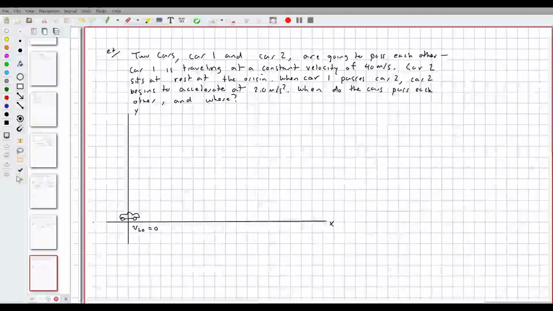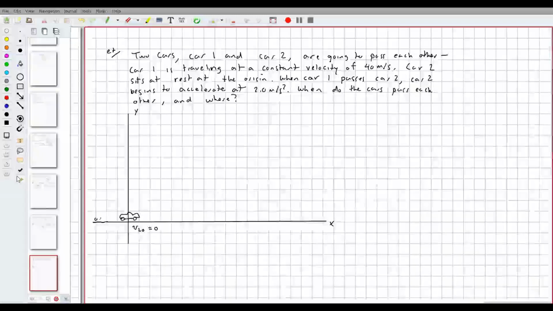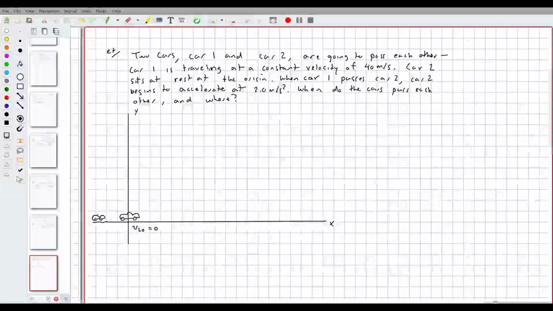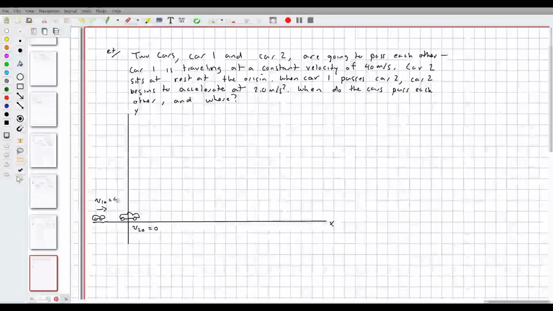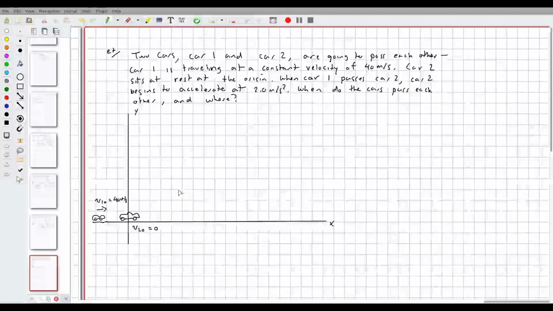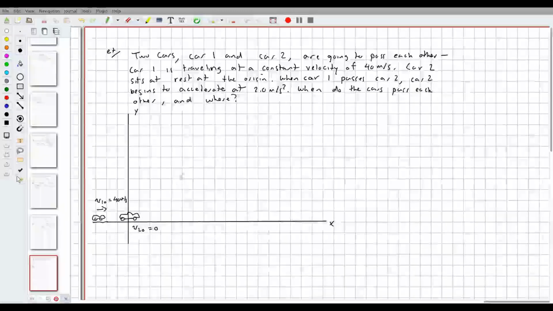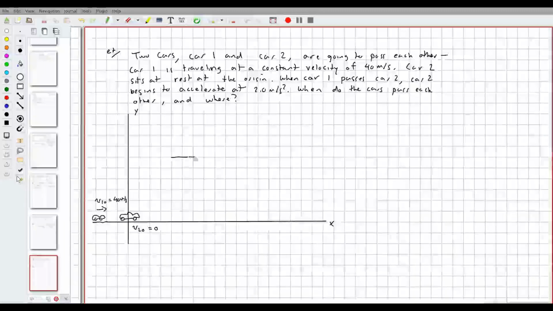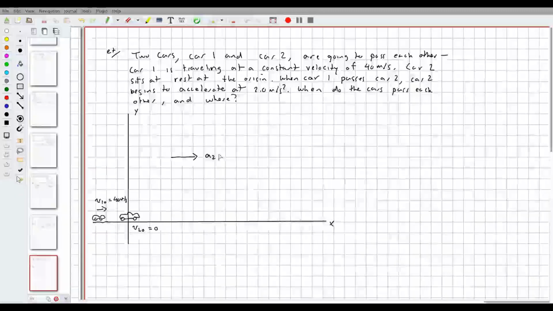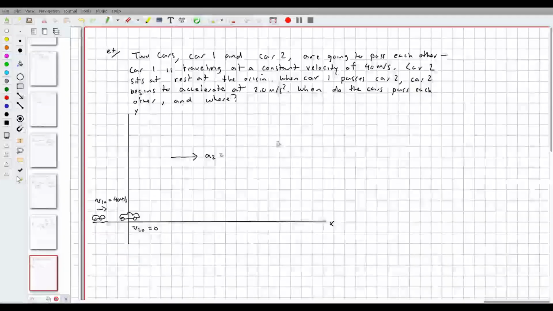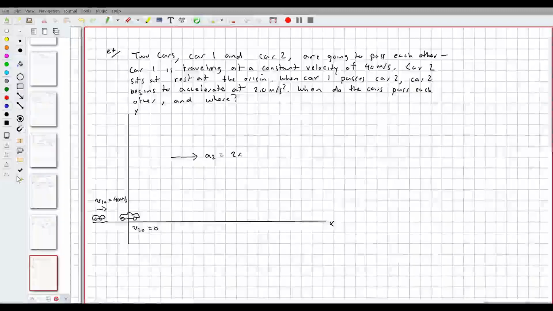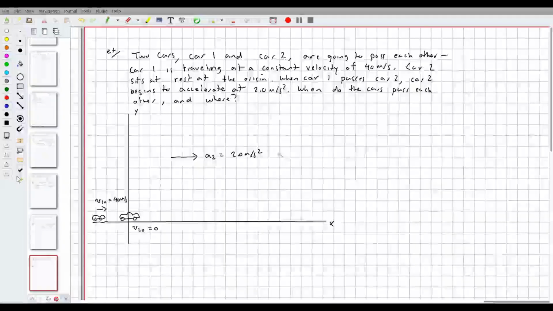Now, here comes car 1, moving this way. Car 1's initial velocity is 40 meters per second. When they cross, that's when car 2 starts to accelerate. Now, car 2's acceleration, which I'll call a2, is going to be to the right because it has to accelerate to the right in order to catch up with car 1. And it's 2.0 meters per second squared.